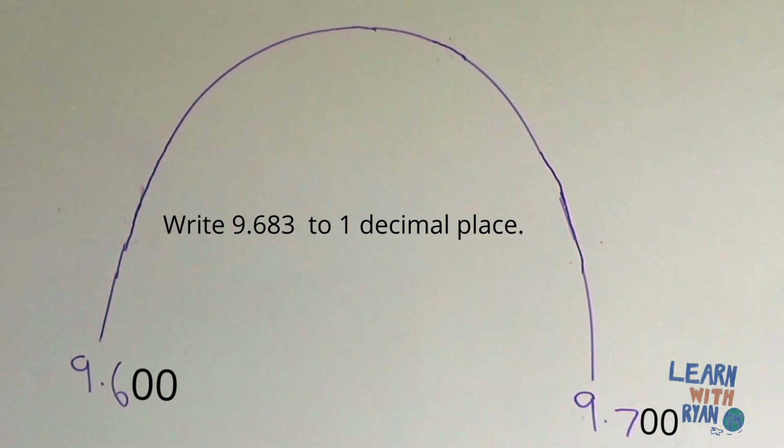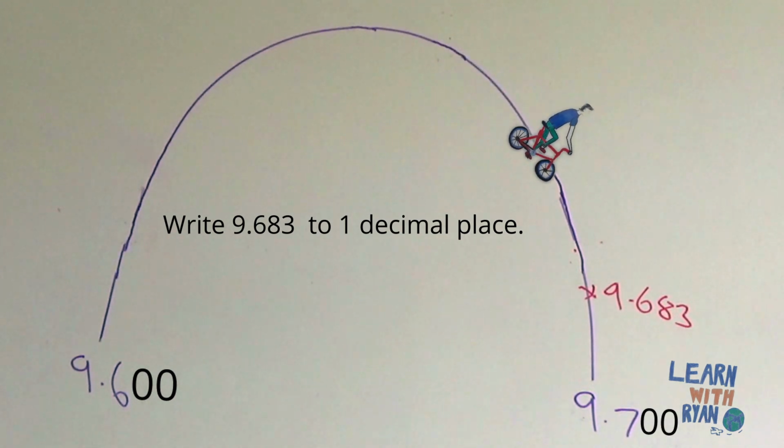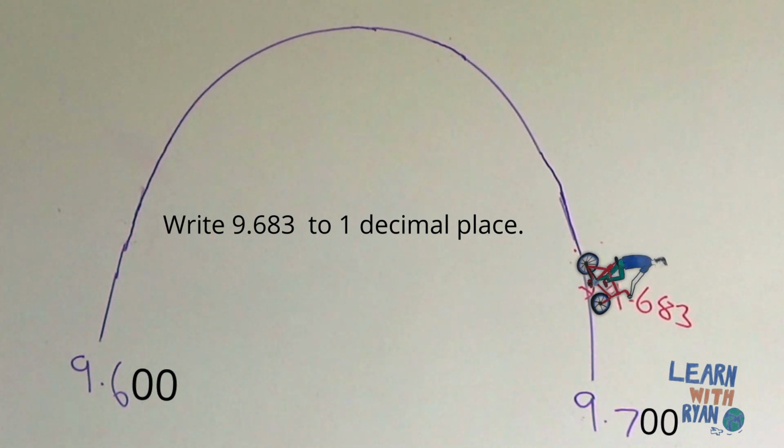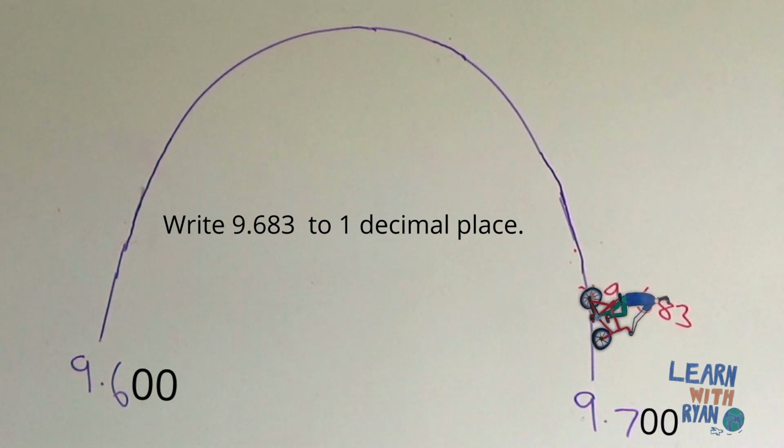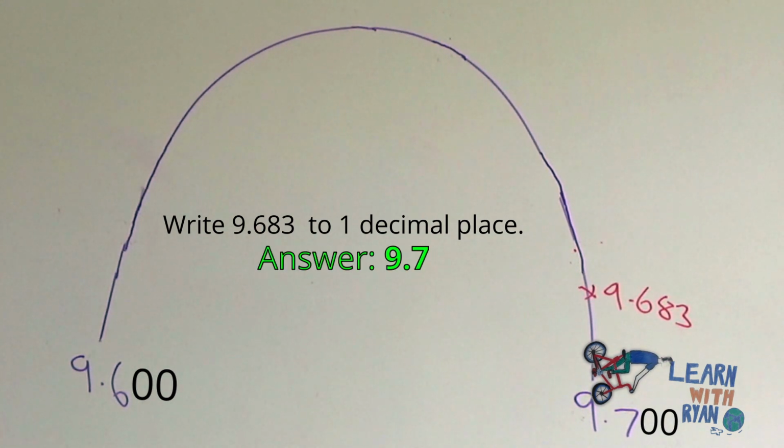And we can clearly see that 9.683 is going to go beyond our 9.65 halfway point. 9.683 is going to go around here. So if you ride your bicycle, stop at 9.683, where are you going to end up? Yes, that's right, you're going to slide down to 9.7. So 9.683 to 1 decimal place is 9.7.